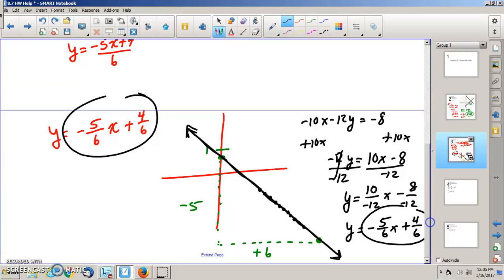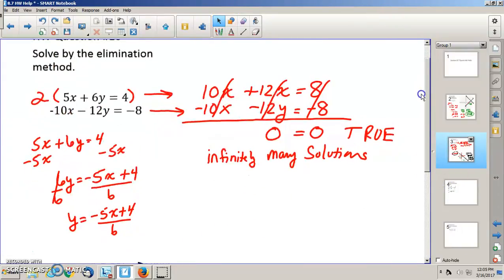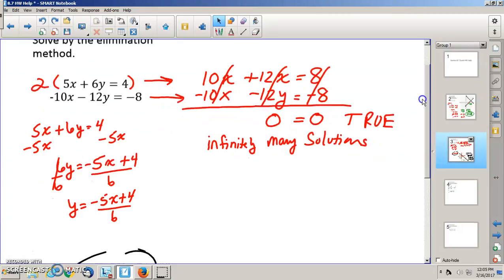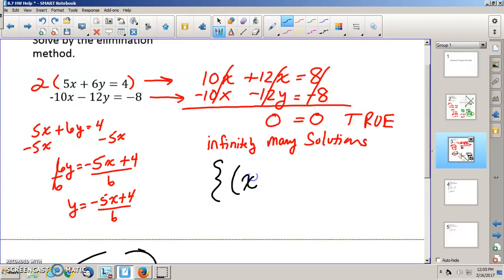So what we do to write the solution for this, and let me just move this up here. Once we get the fact that there's infinitely many solutions, to write the solution set, it's a curly bracket, x, and then we want to write the y coordinate, but in terms of x.